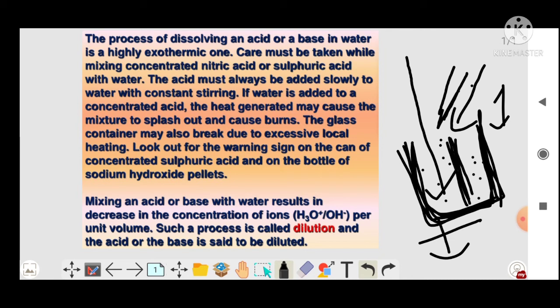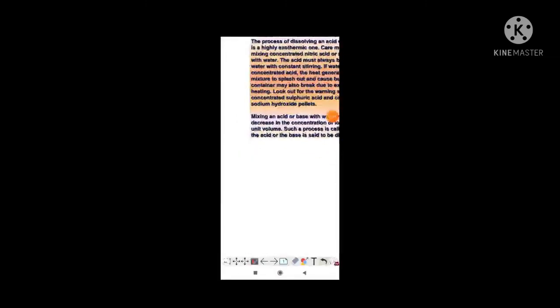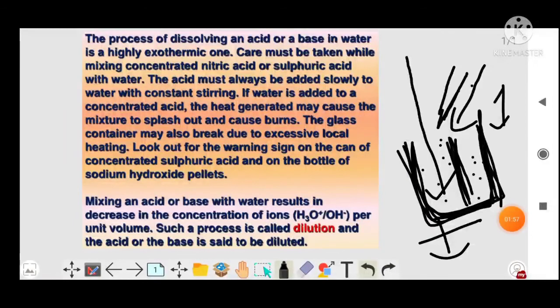So look out for the warning sign on the can of concentrated sulfuric acid and on the bottle of sodium hydroxide pellets.